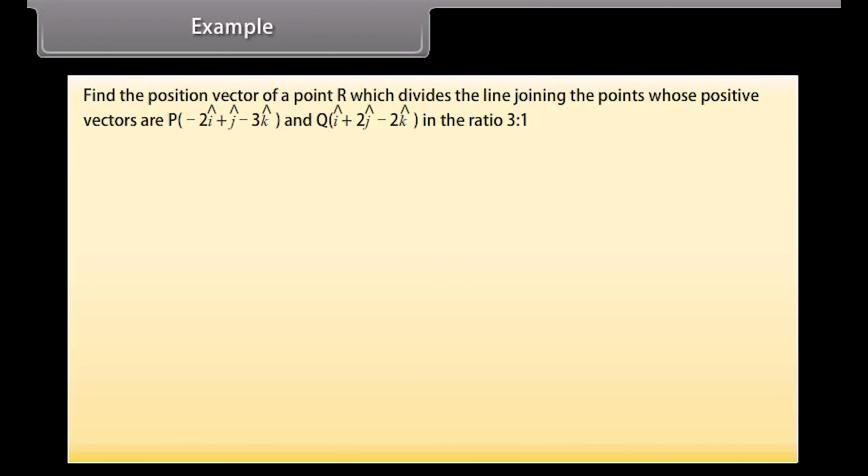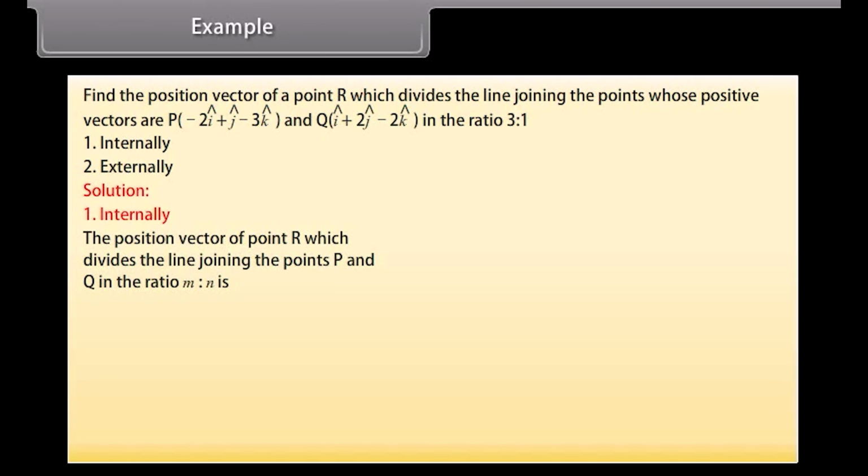Example: find the position vector of a point R which divides the line joining the points whose position vectors are P, minus 2 cap i plus cap j minus 3 cap k, and Q, cap i plus 2 cap j minus 2 cap k, in the ratio 3:1, 1 internally, 2 externally. Solution: 1 internally.